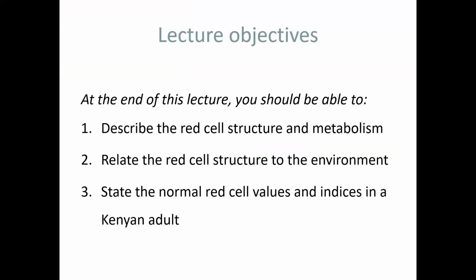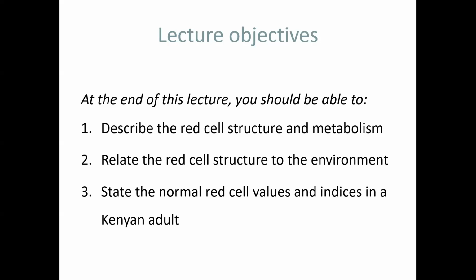So at the end of this lecture, I expect you to be able to describe the red cell structure and metabolism, to relate this red cell structure to the environment, and to state normal cell values and indices in a Kenyan adult.